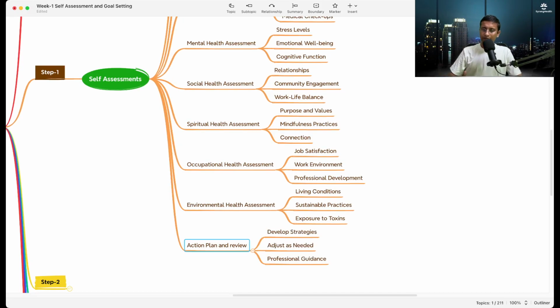So you need to take action, develop those strategies, and adjust if actions are needed, and of course you need professional guidance. That's why you are here, so that you have the right kind of guidance and are implementing these things. My sincere request to you: implement whatever you are learning and take those steps.